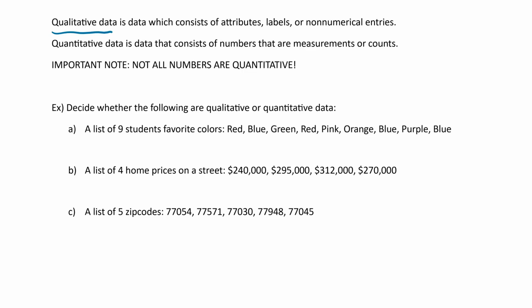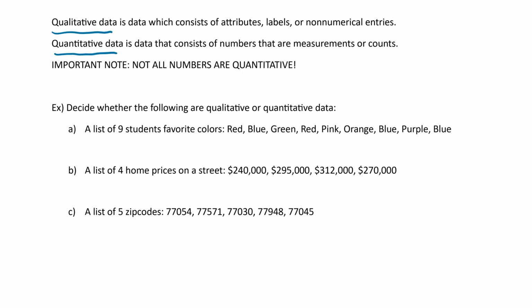Notice I said usually though, we'll get back to that. Quantitative data is data that consists of numbers that are measurements or counts. So think of this as stuff that you could add together or subtract and it would still make sense. It's numbers in the sense that you are used to seeing them in math.